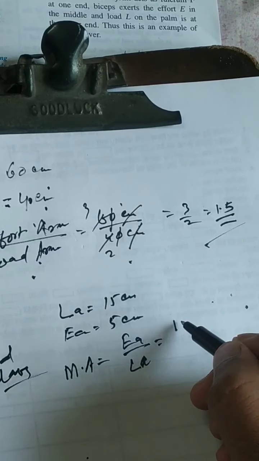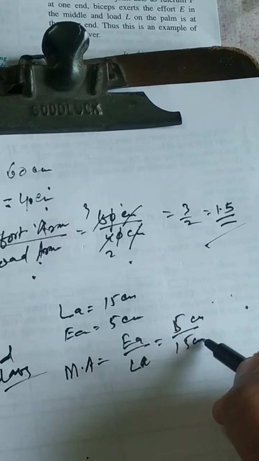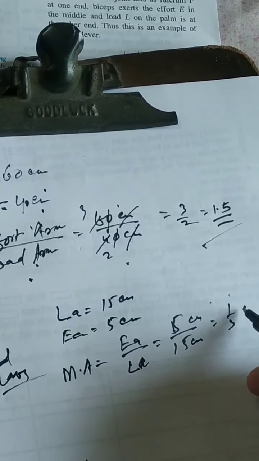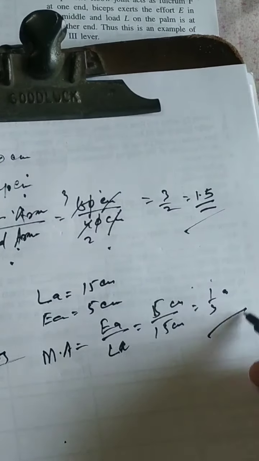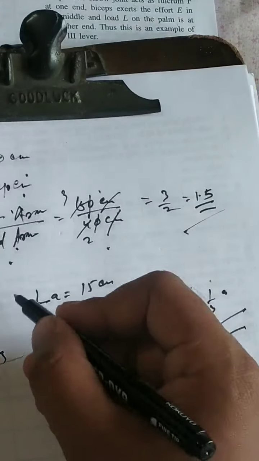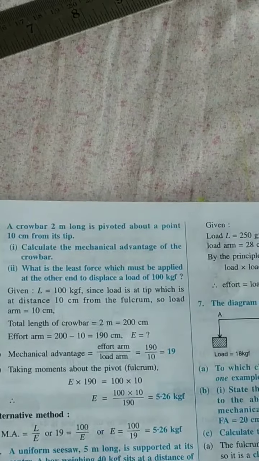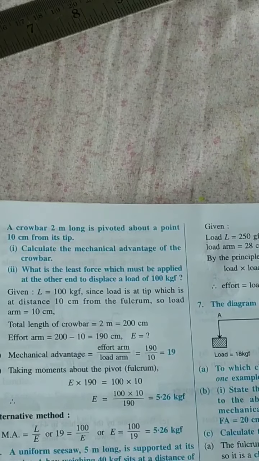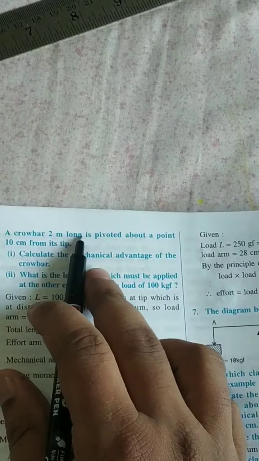So 5 by 15, so 1 by 3. This is the mechanical advantage of the lever. Clear? Question number 3. Hope you understand. Now look at this. Question number 4. A crowbar 2 meter long is pivoted about a fixed point 10 centimeter from its tip.